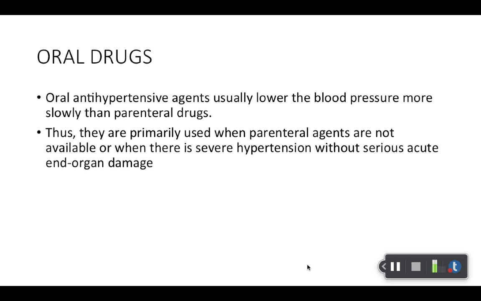Oral drugs. Just in general, a little bit of pharmacokinetics: the oral absorption and administration of these antihypertensives is slower than IV, the parenteral. So this is typically where a person does not have severe hypertension and it is not symptomatic, and you're not as worried about acute end organ damage.